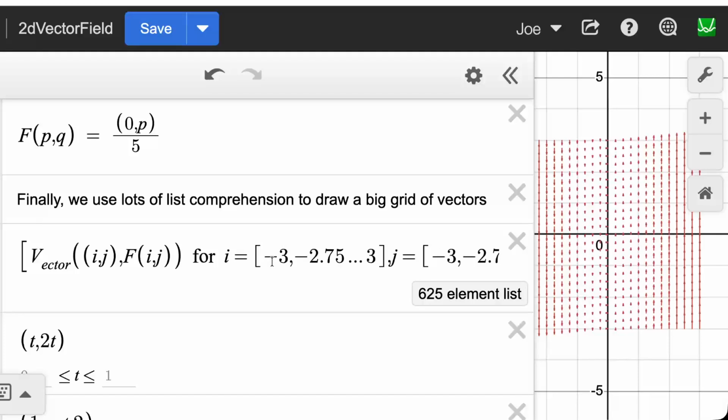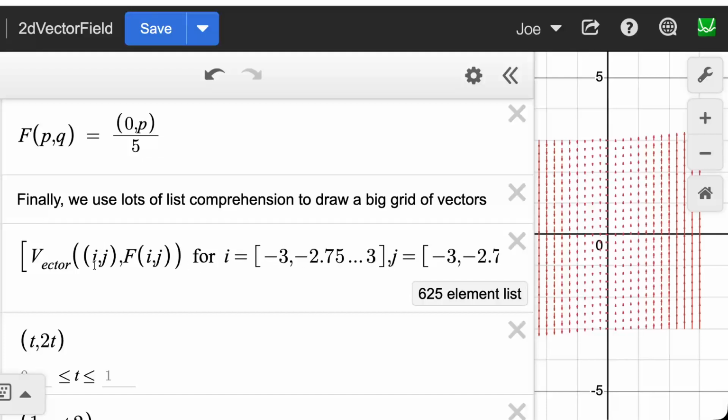So for I from -3 to -2.75, all the way up to 3, that's going from -3 to +3 in increments of a quarter, 0.25, right? And same thing in the J direction. So we've got I and J running through those values. That's a total of 625 elements, because apparently I have 25 values in each of I and J.